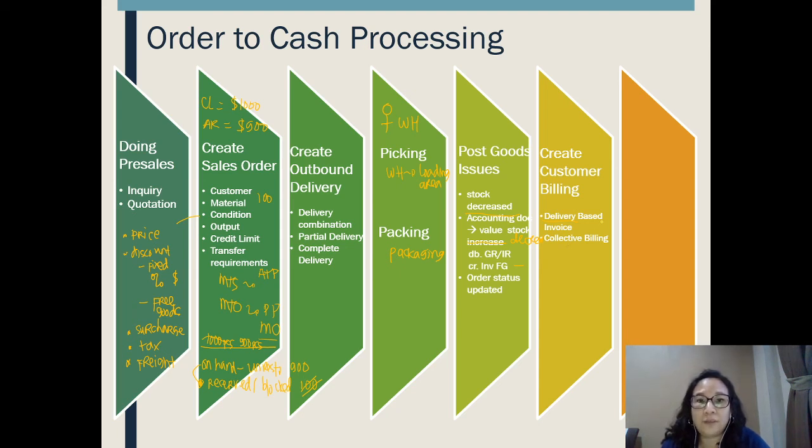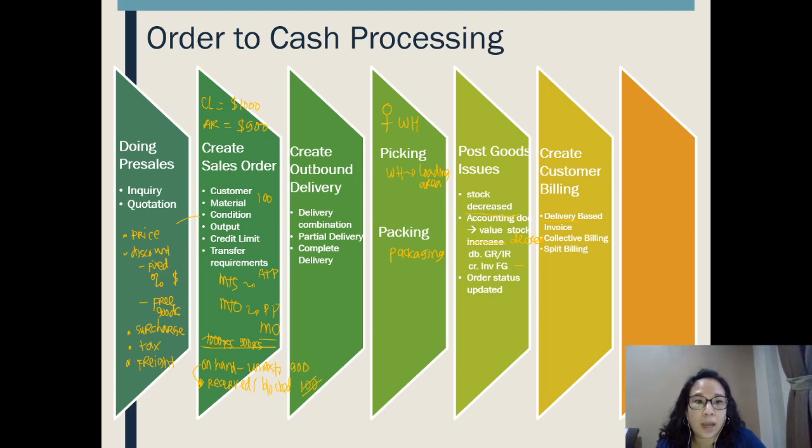Okay, and it's also possible to do collective billing. It means that if we have many deliveries that are not yet billed to the customer, we can do what we call collective billing, which combines many delivery orders into one customer billing.